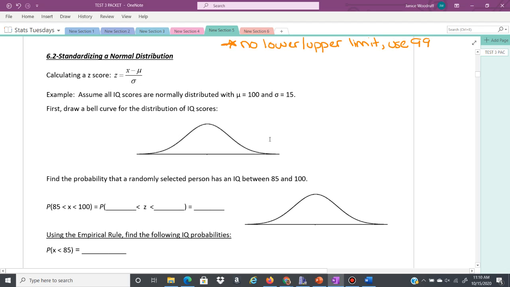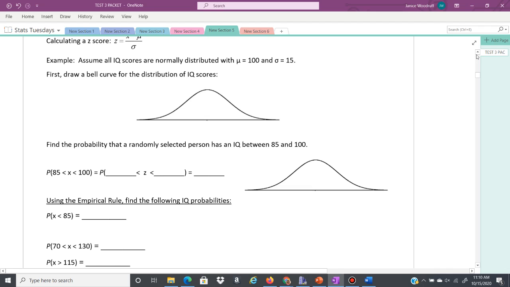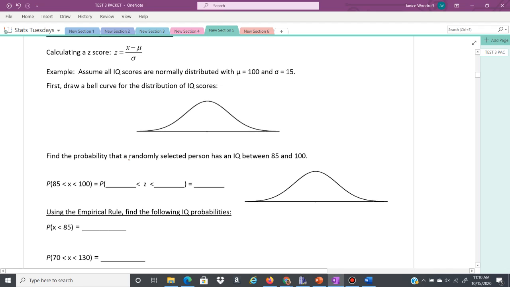So for example, assume all IQ scores are normally distributed with a mean of 100 and a standard deviation of 15. If I drew a bell curve for this, I'd have 100 in the middle, and then 1, 2, and 3 standard deviations on either side.